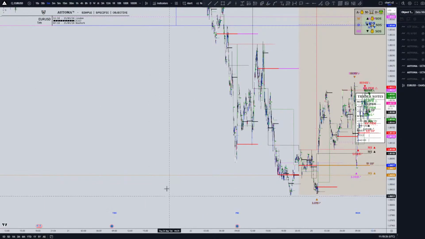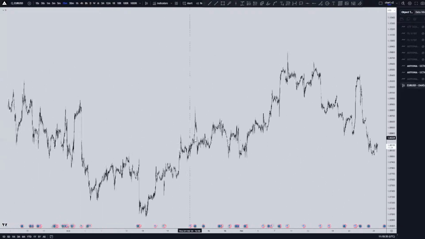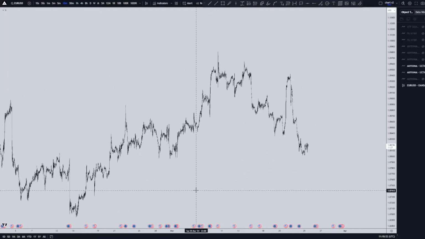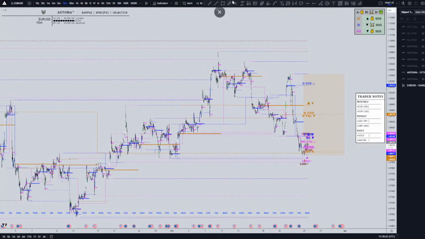So if we have a bullish break on weekly's market structure, let me remove this, and we go to the 50-minute time frame. If we have a look, this is this breakout. Let me remove the small time frame. So that's just the weekly template.